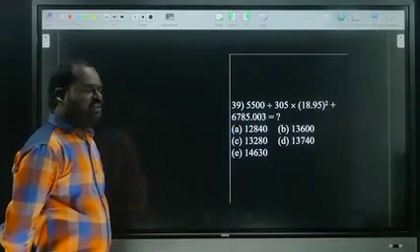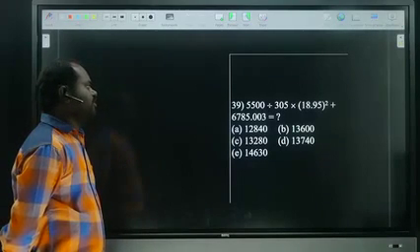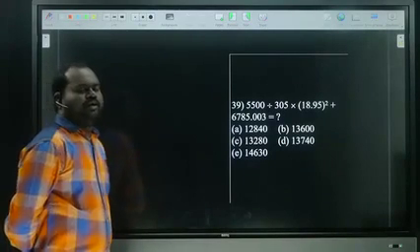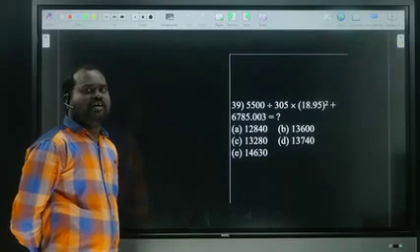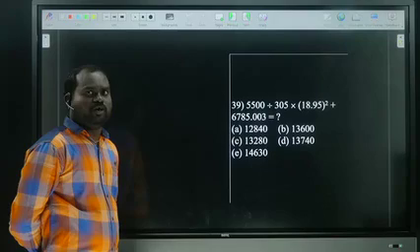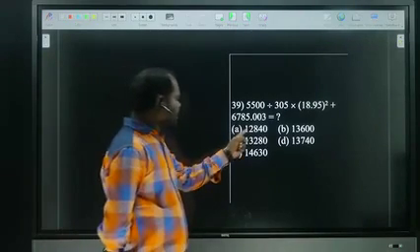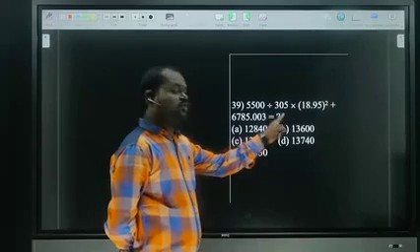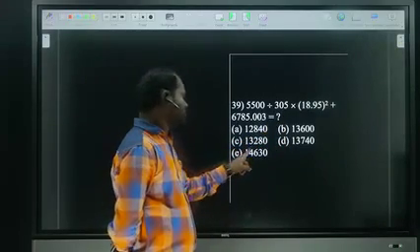5500 divide by 305 into 18.95 whole square plus 6785.003. Observe, multiplication symbols are there, division symbols, addition. First of all, don't solve. See the options. The options are 12,840, 13,600, 13,280, 13,740, 14,630.